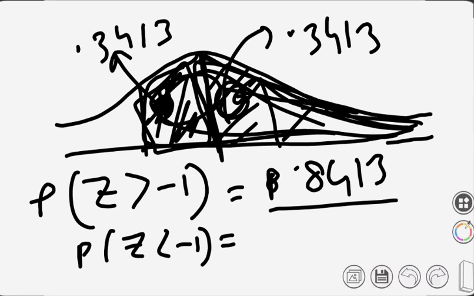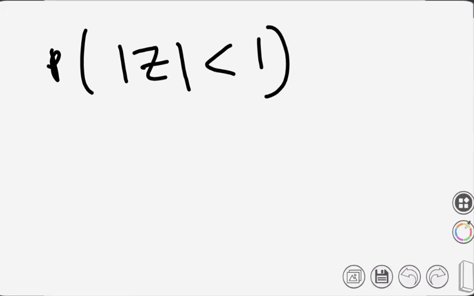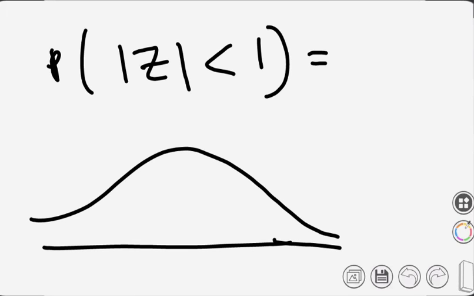So what is the probability z less than -1? It will be 1 minus 0.8413, which is 0.1587. Now, if I ask you what is probability mod z less than 1, who can tell me what this value will be, using that same idea?